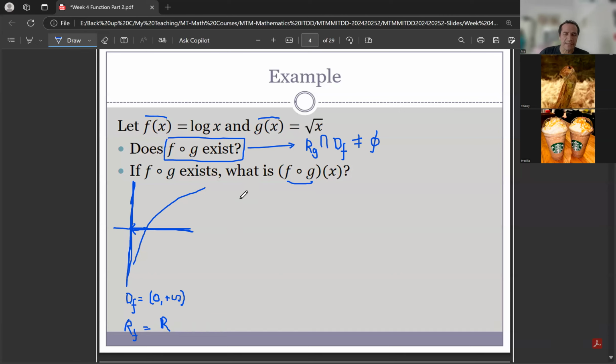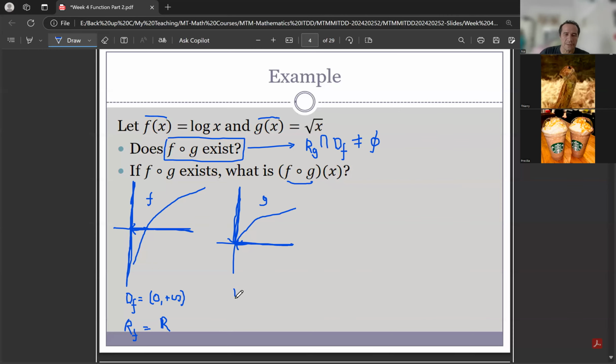g(x) is a square root function, and we can draw the graph of the square root like this. This is f, and this is the g function, and these graphs say that the domain is from zero to infinity, and the range on the y-axis, positive, is also from zero to infinity.